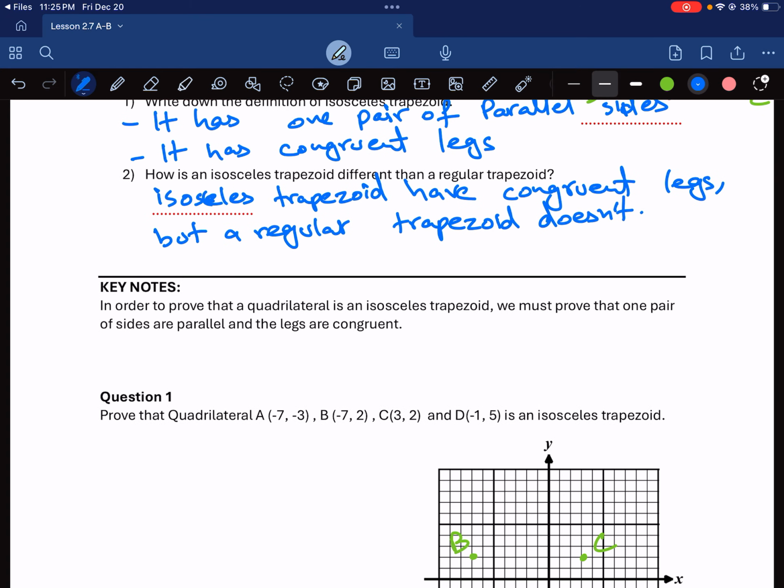So again, in order to prove that a quadrilateral is an isosceles trapezoid, you must prove that one pair of sides are parallel and the legs are congruent.